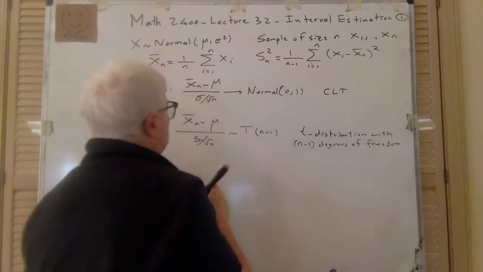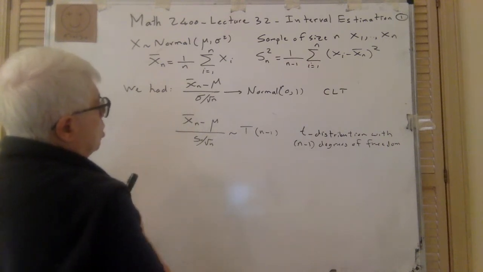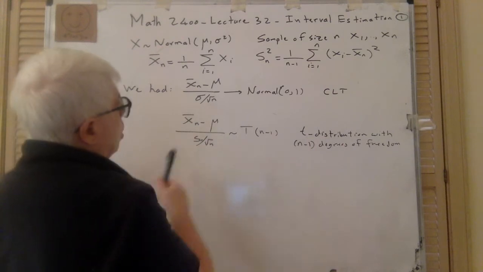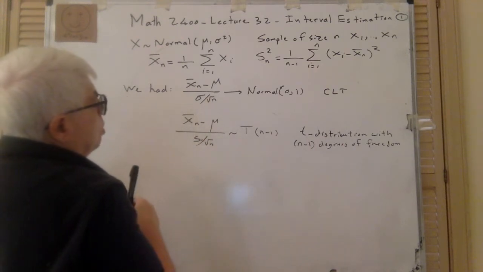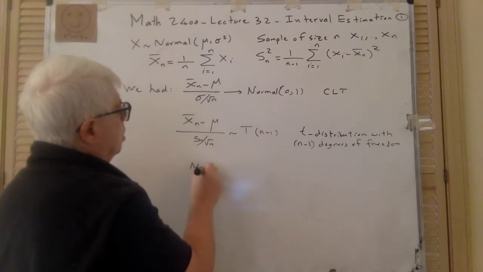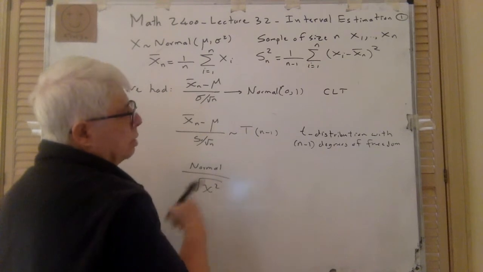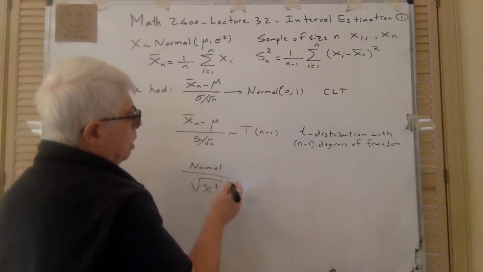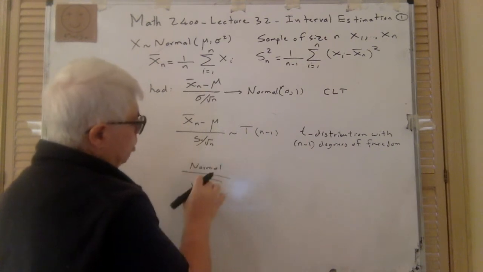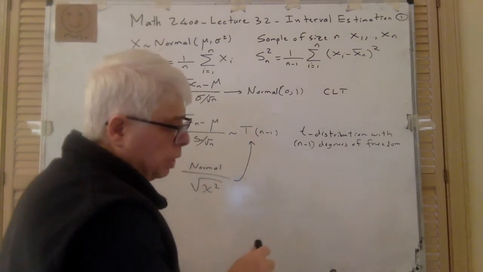Now, where does it come from? For the T distribution, look at the top, this is a normal distribution. What is Sn squared? Sn squared was chi-squared, so it's something like normal divided by the square root of chi-squared. There are some other things here, but basically this gives you a T distribution.